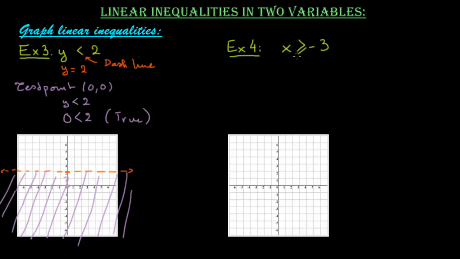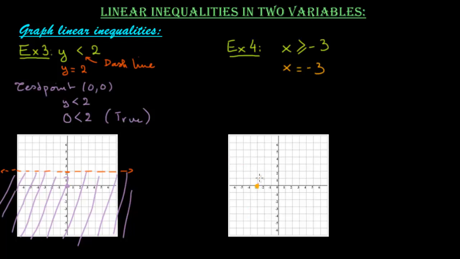Now let's go over example 4. We have x greater than or equal to -3, so we need to locate where x equals -3. So here is x equal to -3, and the line goes through that point, it doesn't cross the x-axis because we don't have y in the inequality. So that would be a vertical line.